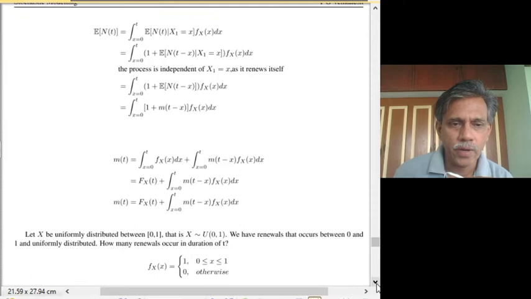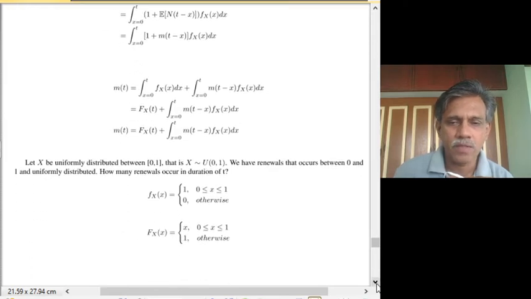So now if you recall the properties of the uniform 0, 1 random variable, its density function f_X(x) is 1 for x lying between 0 and 1 and 0 otherwise. This would be the density function.